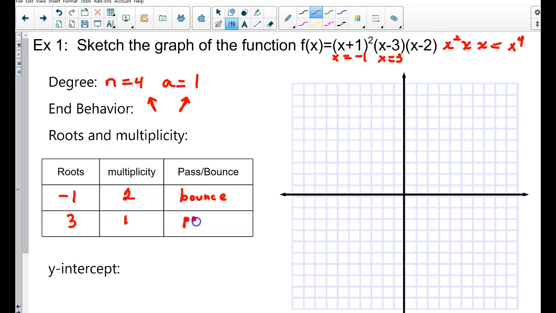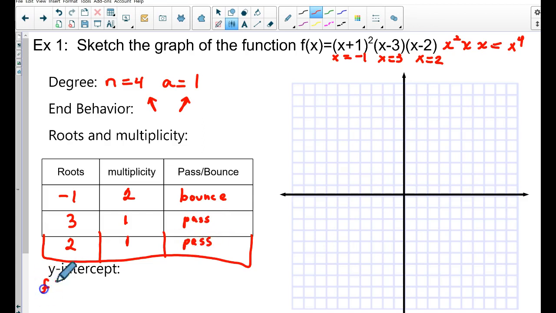Therefore, it's going to pass through. And let's just add another row. Sorry, it's not straight. And we have a root at 2 with a multiplicity of 1, and again it's going to pass through since the exponent is 1.